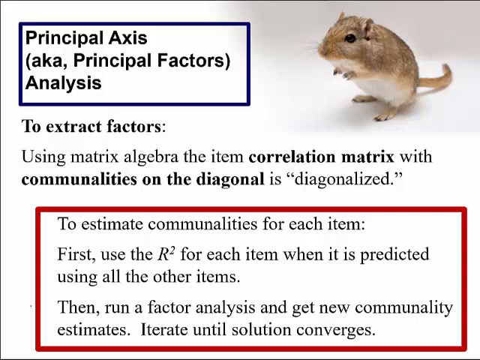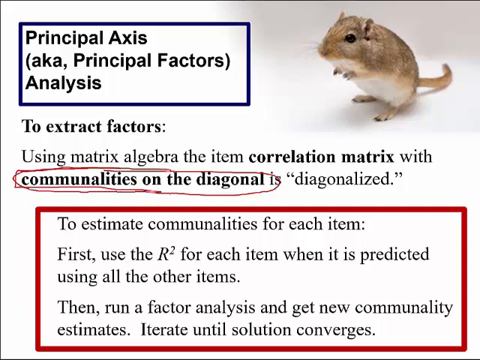If we replace that with a communality, we're saying the true variance of this item is a little bit less than 1. So we think of the communality as an estimate of the portion of the variance for that item that is actually true variance. It will be a little bit less than 1, and that's essentially making an adjustment for the fact that the item is not going to have perfect reliability. So the basic idea is we simply replace the ones with communalities.